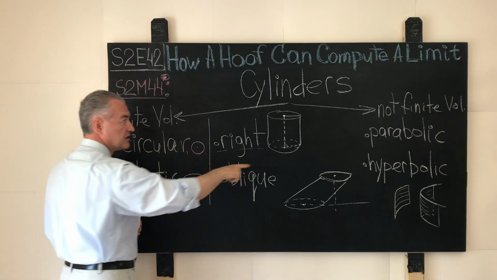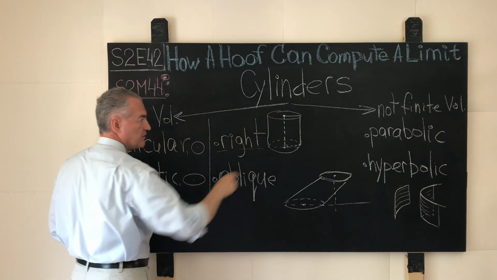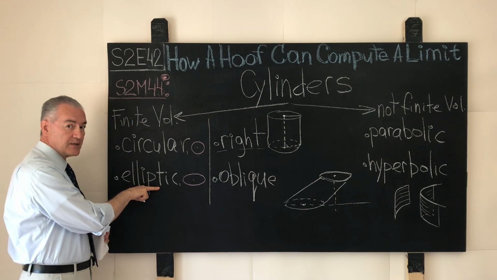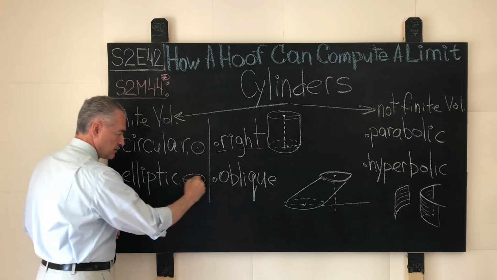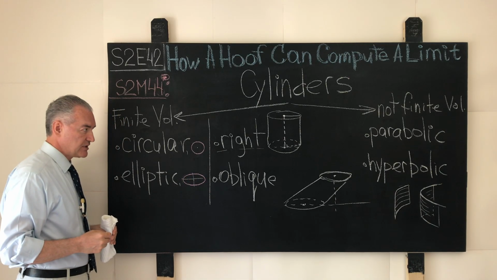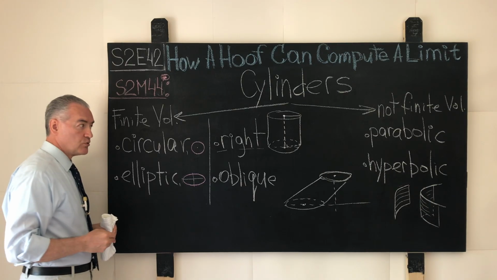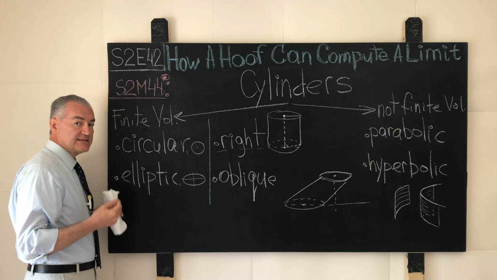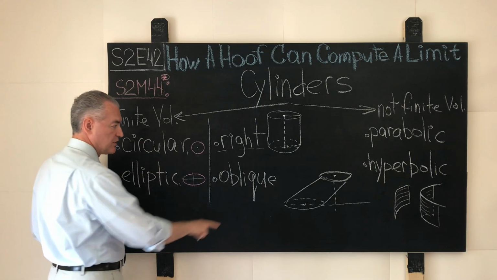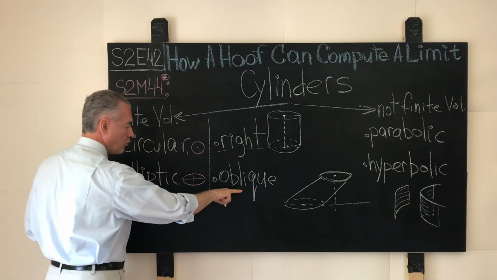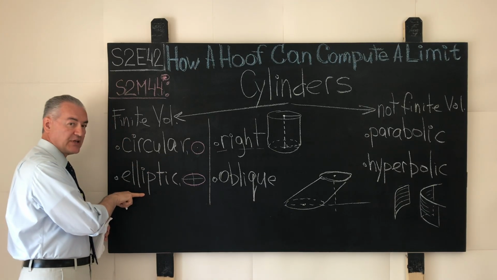And if the top and the bottom faces of a right cylinder are an ellipse with the same axes, the major and minor axes, the lengths of these axes being the same, then such a cylinder will be called right elliptic. Also, a cylinder very well may be oblique circular, or it can be oblique and elliptic.